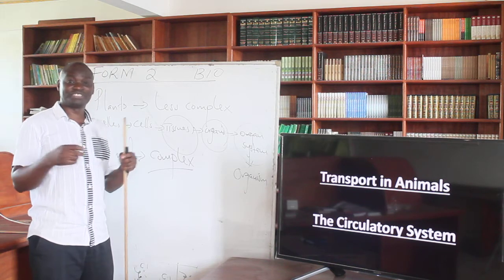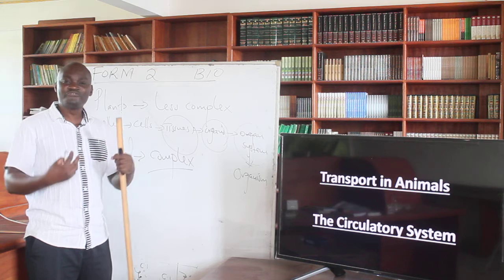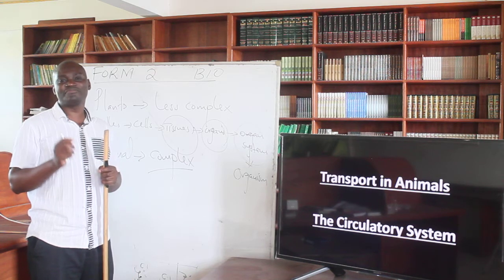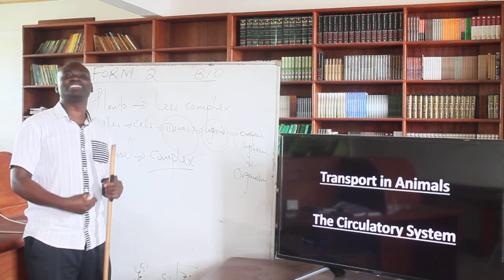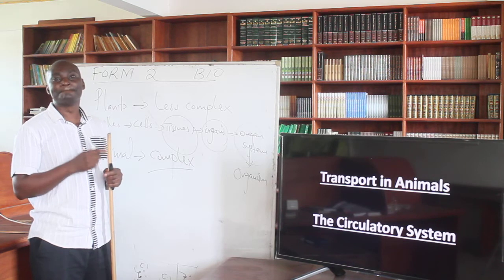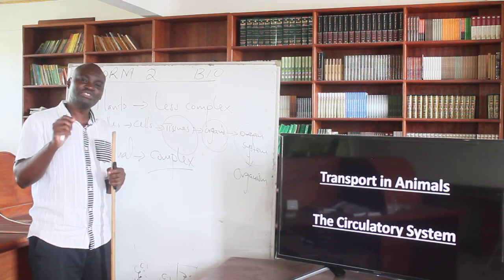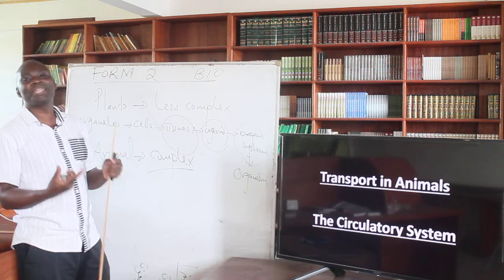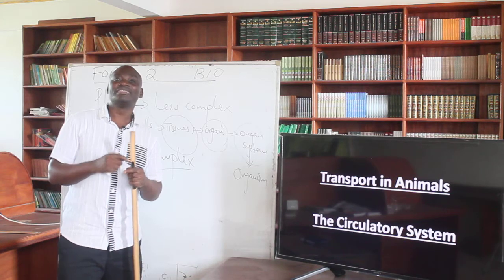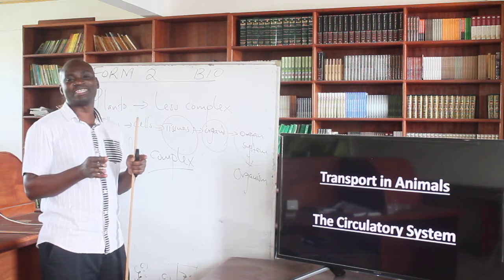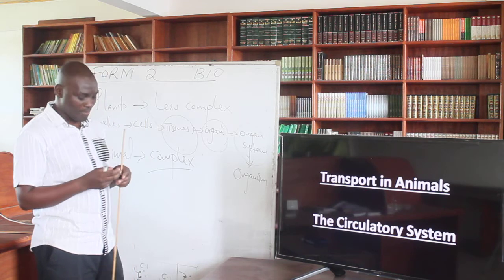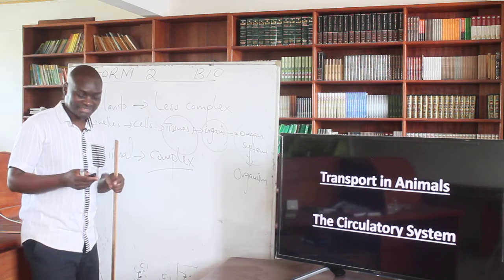For example, after you have eaten and the food has been digested, that food must be moved from the digestive system to other body tissues. Because of such a complex body system, the animal demands a complex circulatory system.